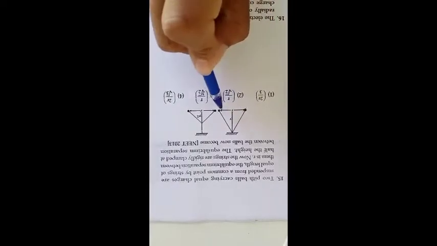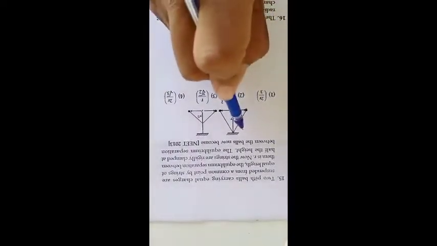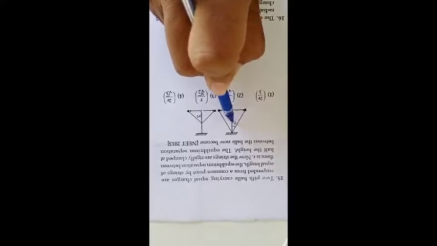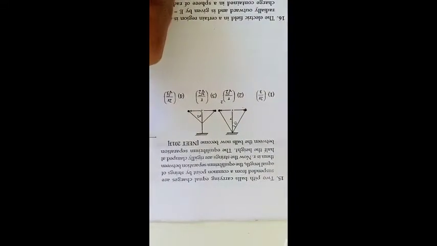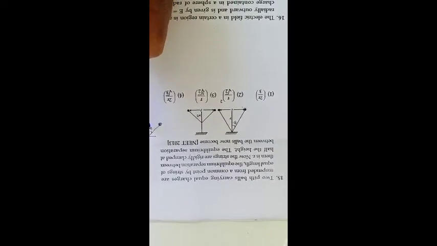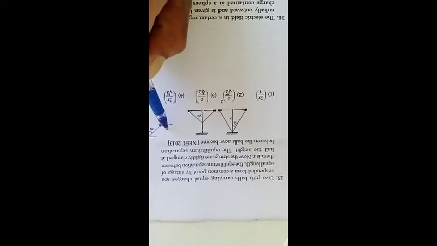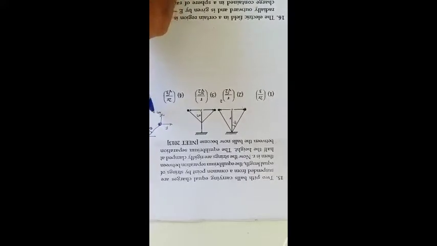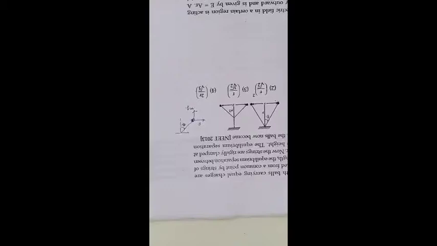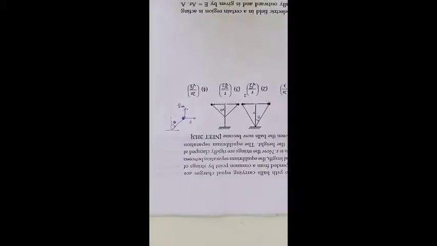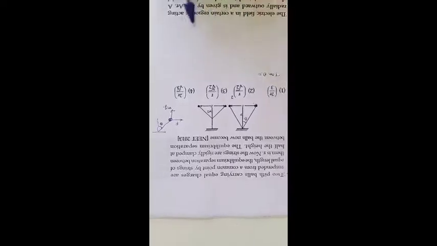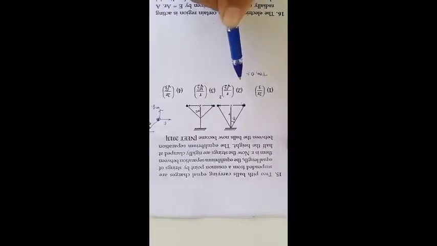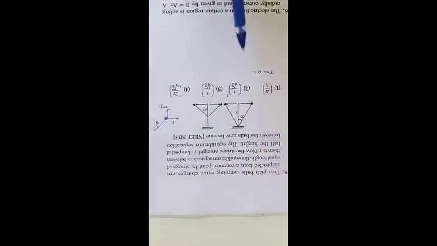Initially balls are separated like this. I am assuming this angle is theta. Already we discussed this one. If one charged ball is here, if this angle is theta, this is F, this is mg. So from this what we can write here is tan theta is equal to F by mg.